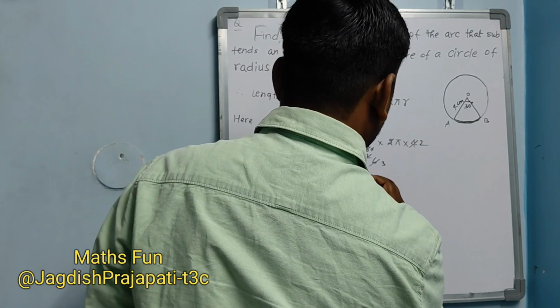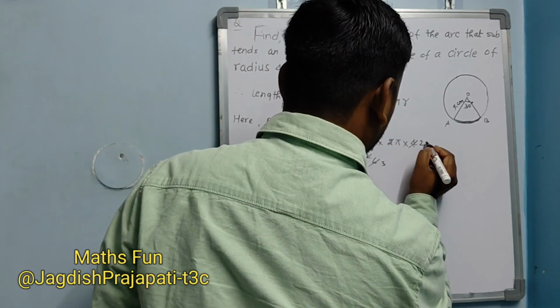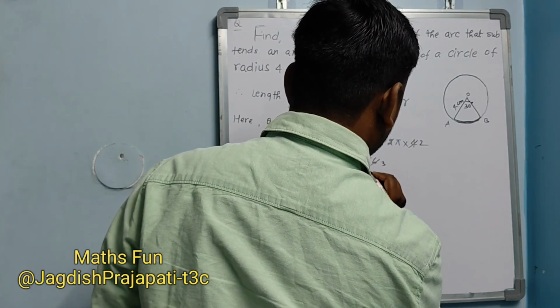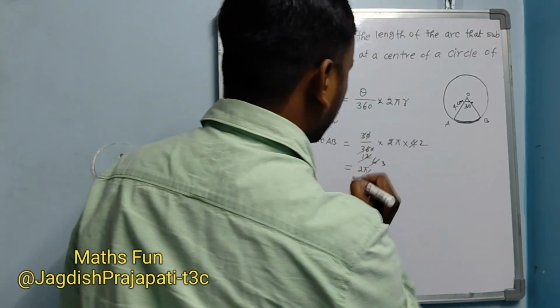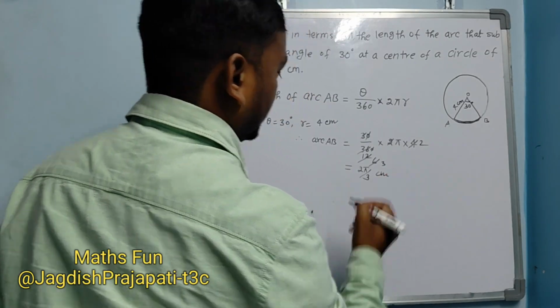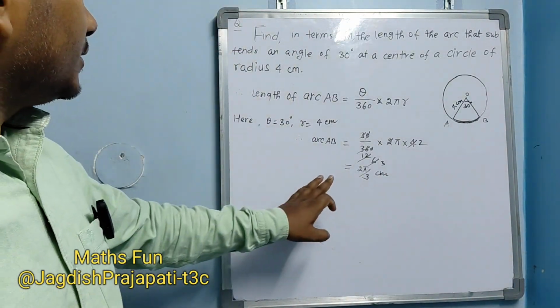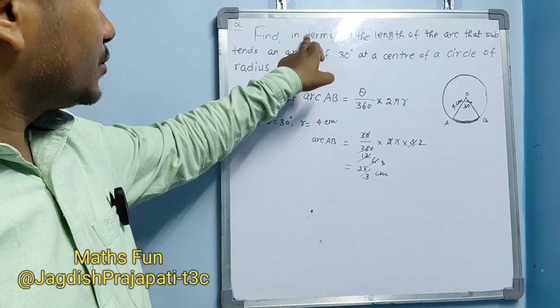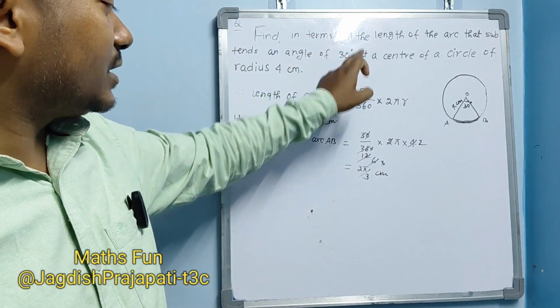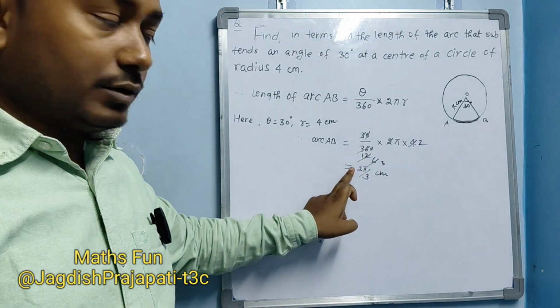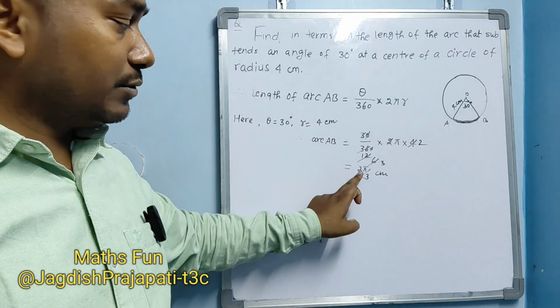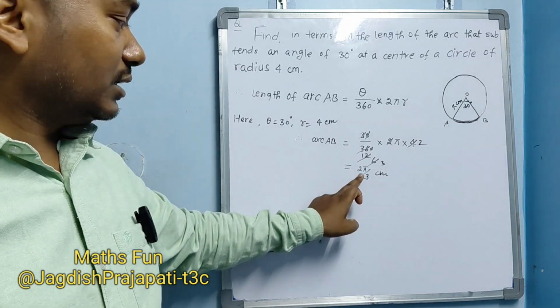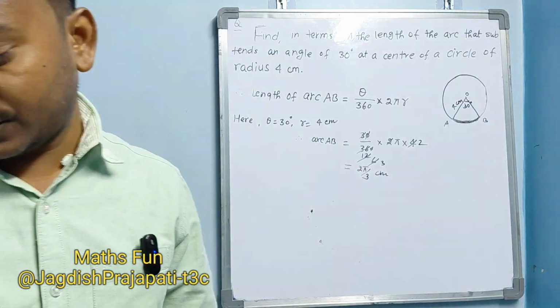Okay, so this will be 2 pi by 3 centimeters. Since it was given in the question that we have to find it in terms of pi, we have no need to put the value of pi here, so this will be your answer.